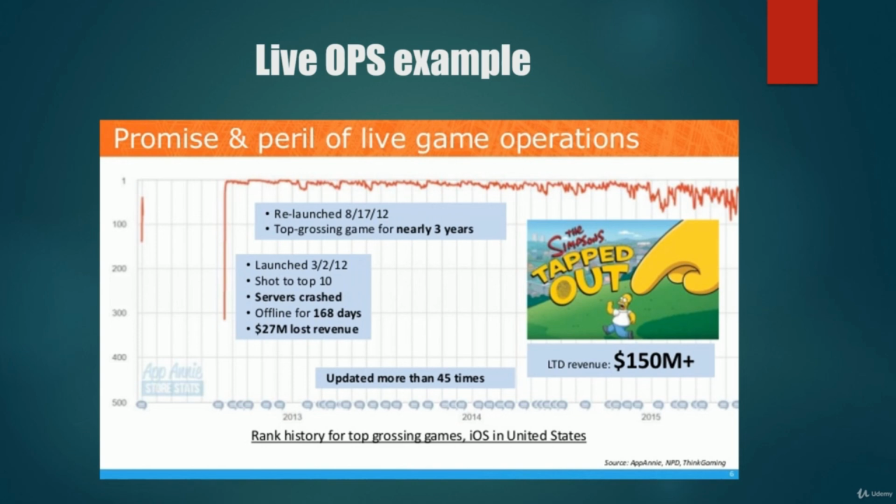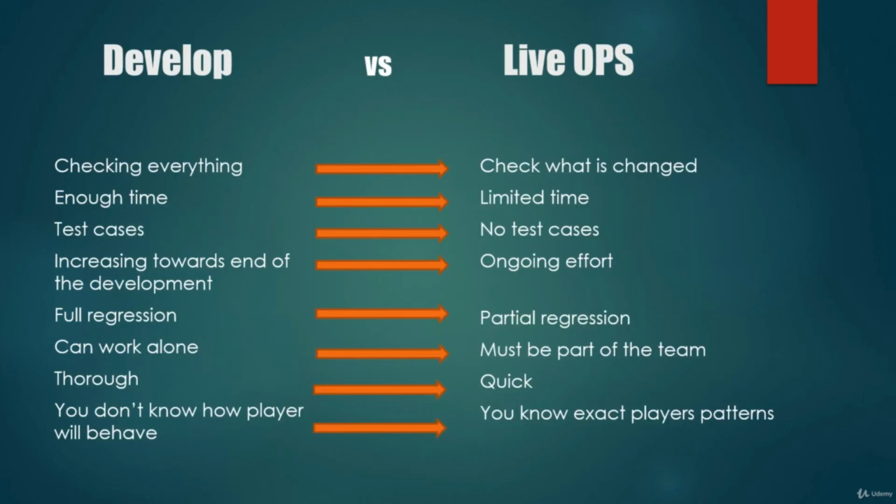But this is just one of the big examples with the big games of what can happen when the live ops go wrong or when the QA might not be done in the optimal way, and how much damage it can cause. So let's go and see how to do it right.